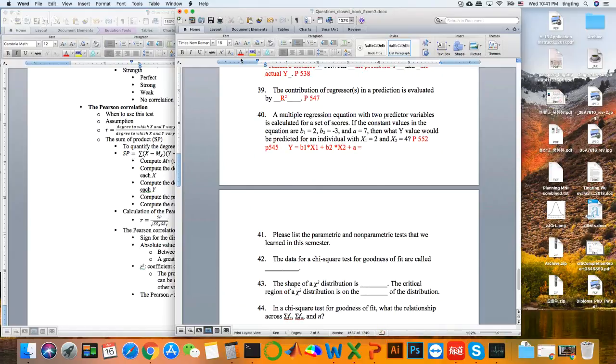This is the equation. So b1 equals 2, x1 equals 2, b2 equals -3, x2 equals 4, and a equals 7. Solve it, which is -1.